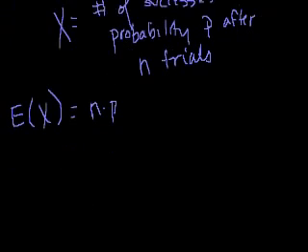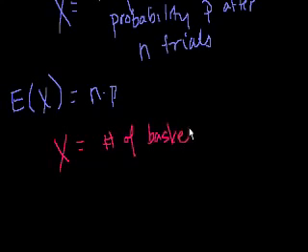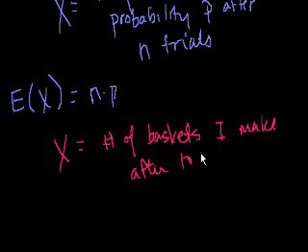So if I said that x is, let me do it in a different color, x is equal to the number of baskets I make, where I'm talking about basketball, not basket weaving. Number of baskets I make after 10 shots, where the probability of me making any one shot is 40%.